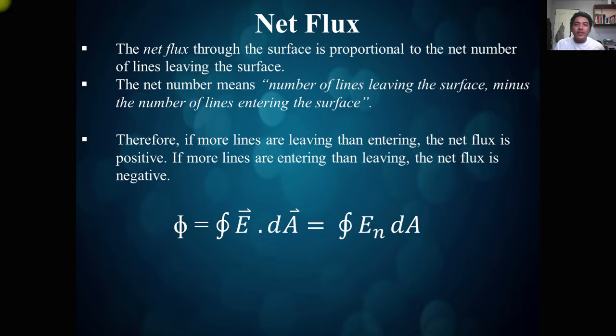It only means that the number of lines leaving the surface is less than the number of lines entering the surface. If more electric field lines are leaving than entering, based on this definition, the net flux is positive. If more lines are entering than leaving, then the net flux is negative. Here we have again the formula, and the integral with the closed circle only means the closed surface integral.